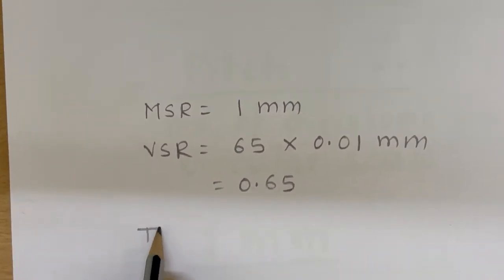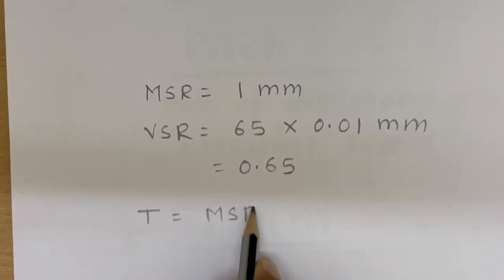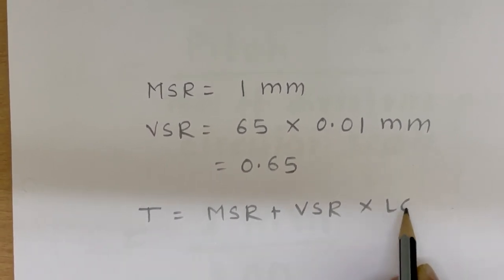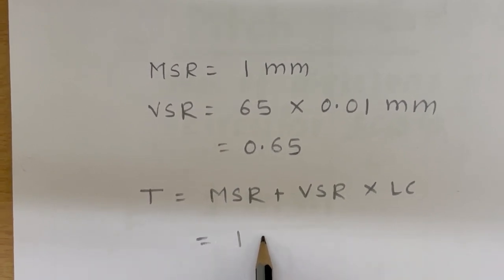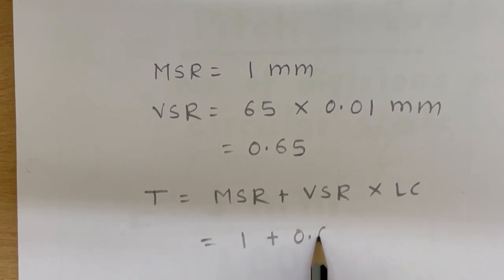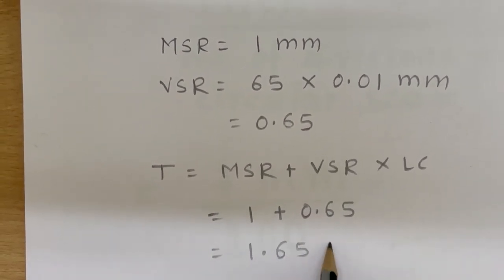The thickness, that is T, would be calculated as MSR plus VSR into least count. So we have MSR as 1 millimeter plus VSR into least count, which is 0.65, which becomes 1.65 millimeters.